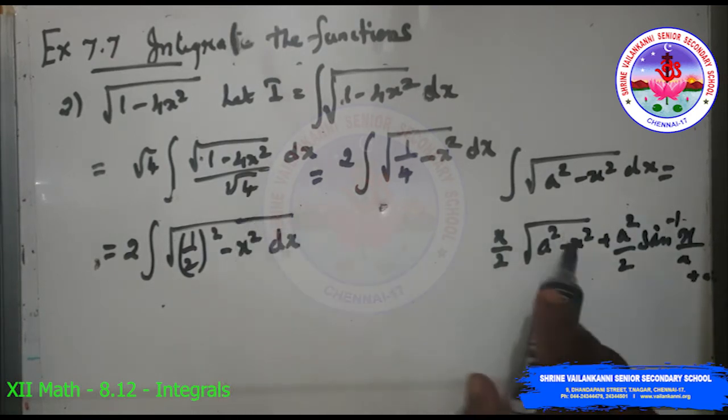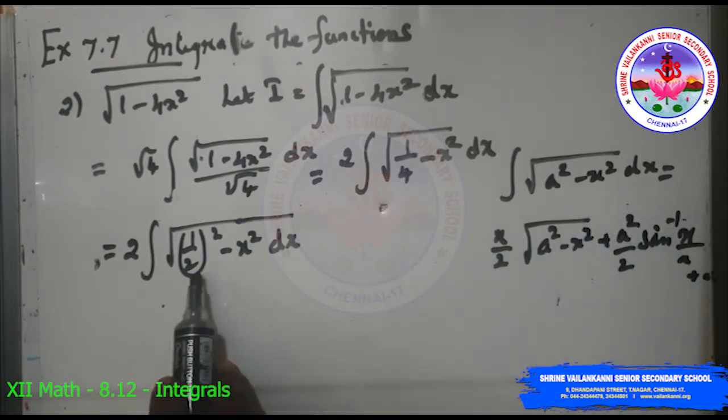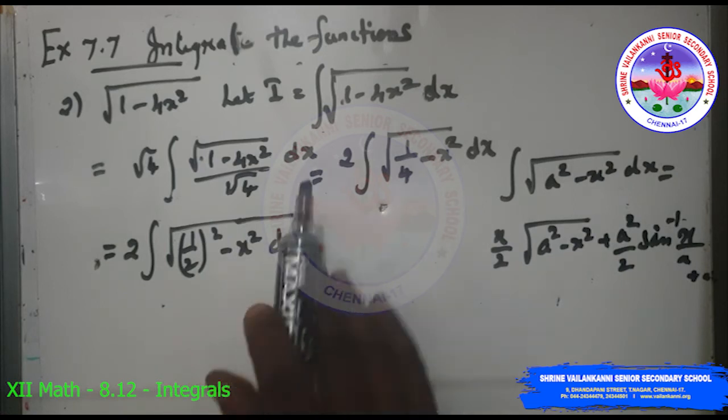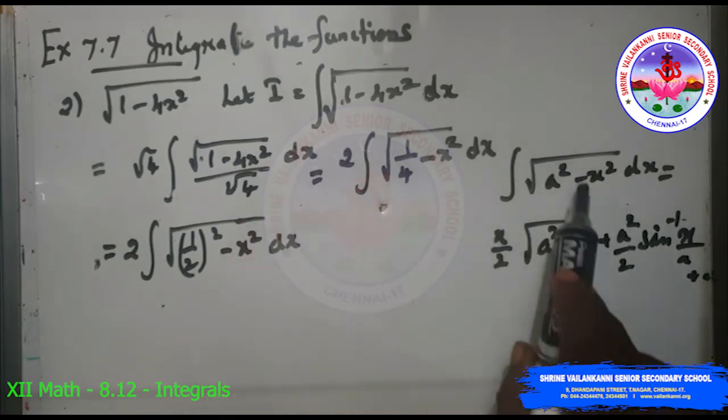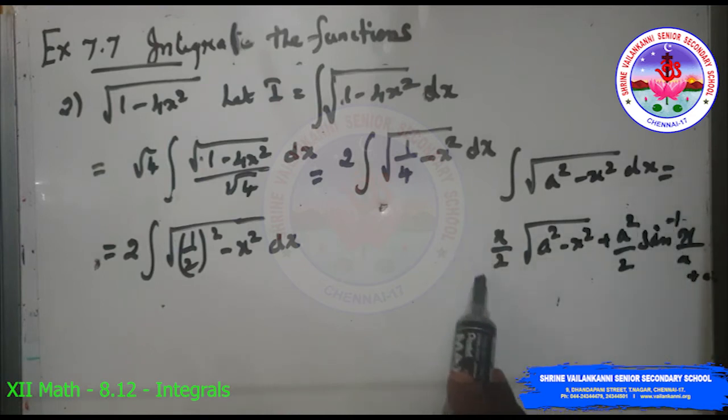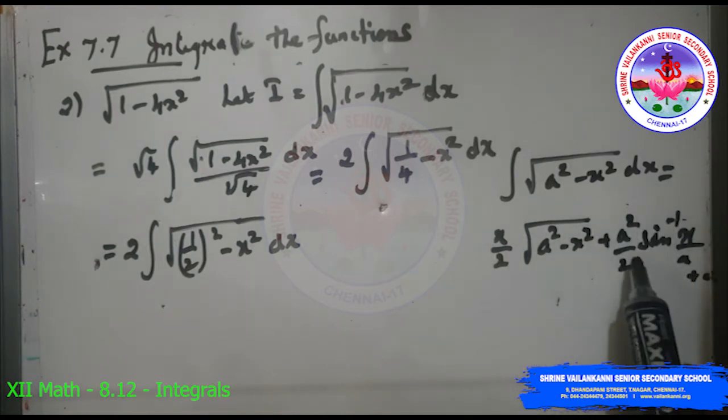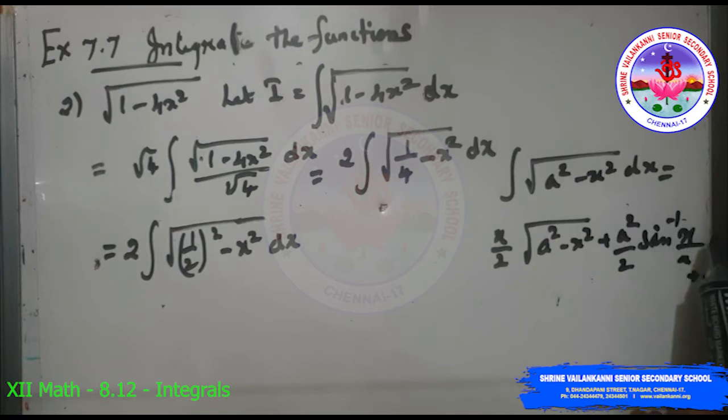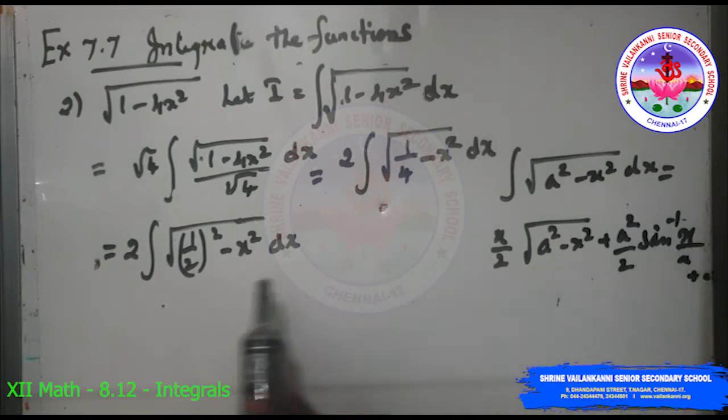So using the same type of integrals, root of a square minus x square into dx, which is equal to x by 2 root of a square minus x square plus a square by 2 sine inverse of x by a. Here a is half and x is x.